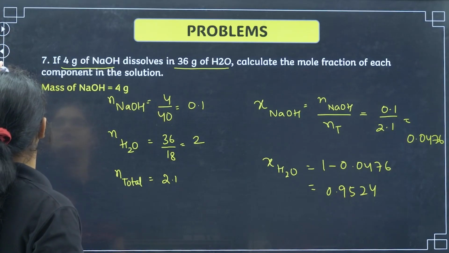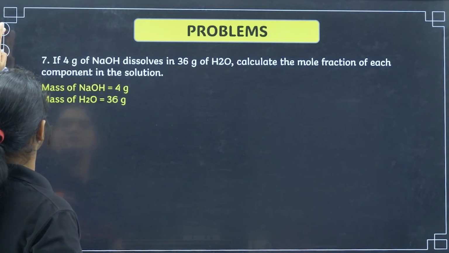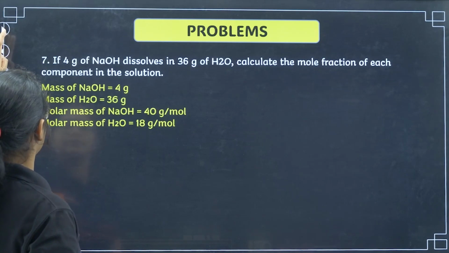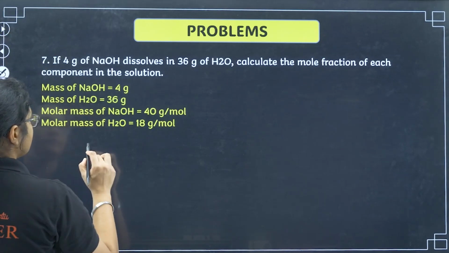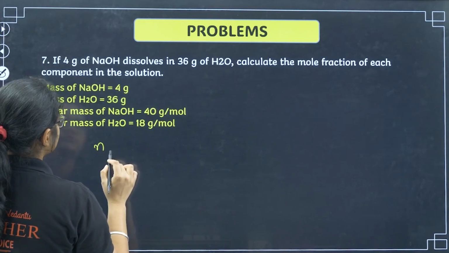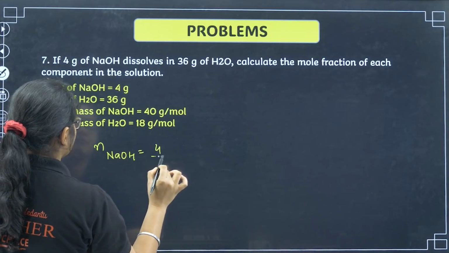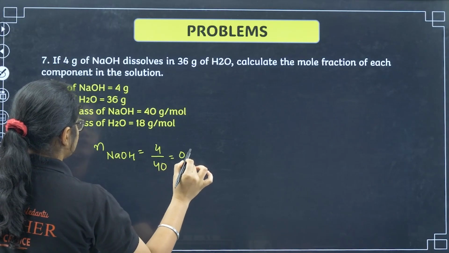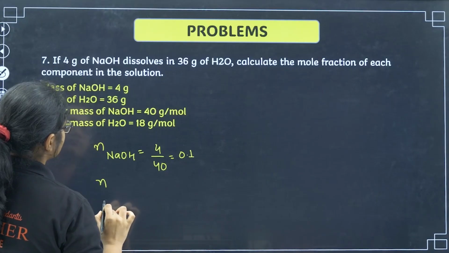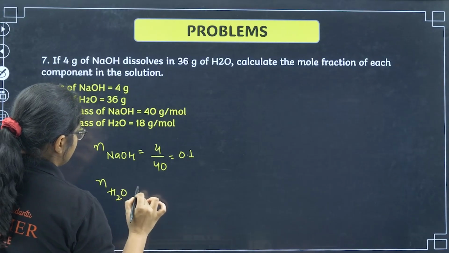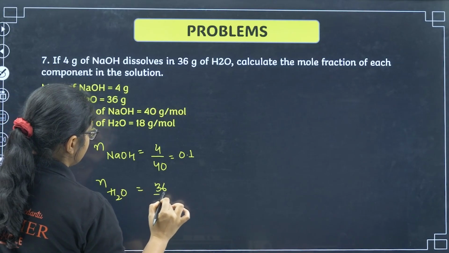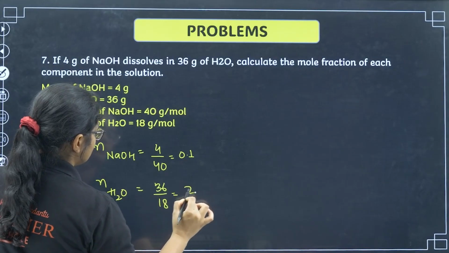So I'll just erase this one. You can see here. From here you can calculate number of moles of NaOH, 4 by 40, again I'm doing 0.1. Number of moles of water is 36 by 18, that is 2.